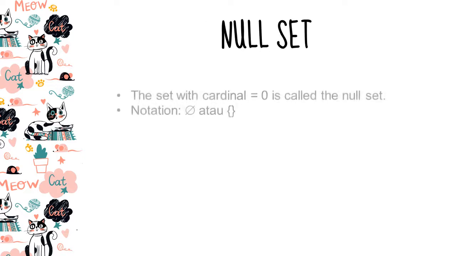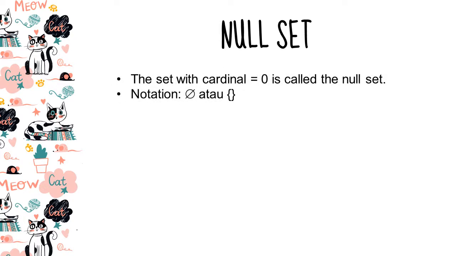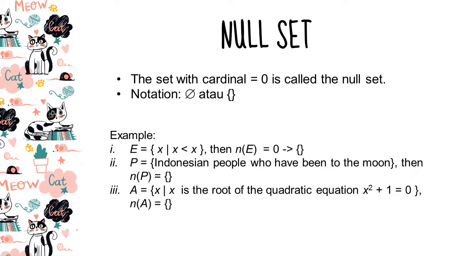Null set. The set with cardinal equal to 0 is called the null set. Then the notation is like that. For example, number 1, A equals {x | x < x}, then n(A) equals 0, or null set.